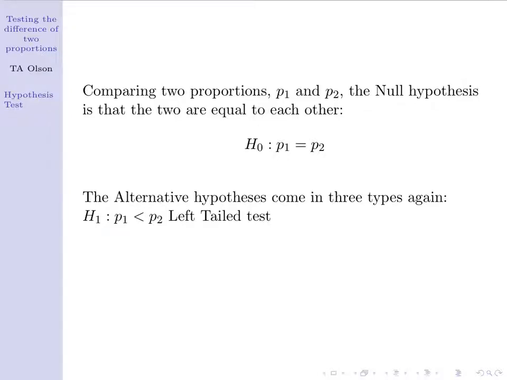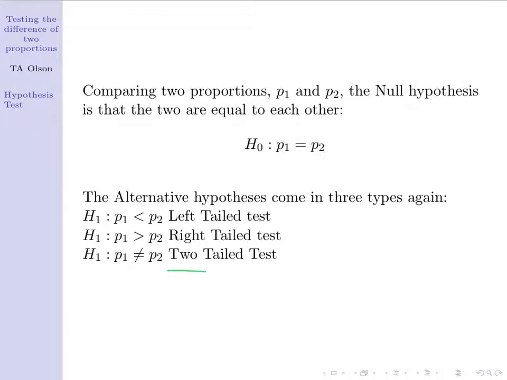That's going to be a left-tailed test. The arrow's pointing to the left. P1 is greater than P2. That's going to be our right-tailed test. The arrow's pointing to the right. Or P1 is simply not equal to P2, and that is going to be our classic two-tailed test.